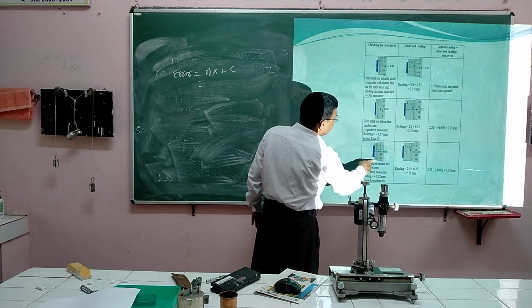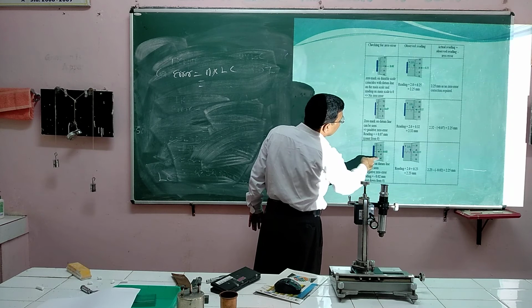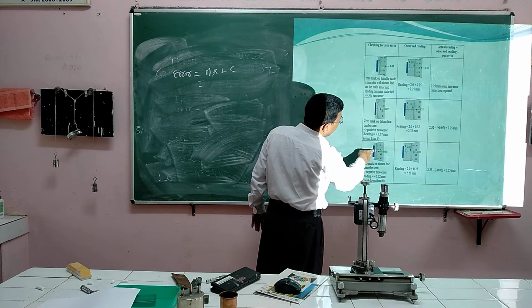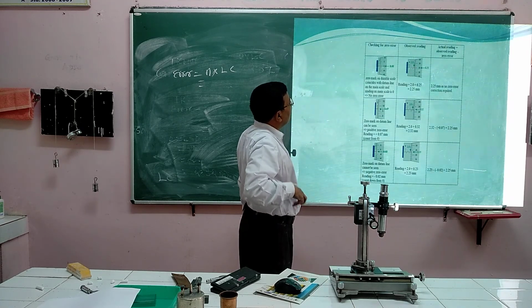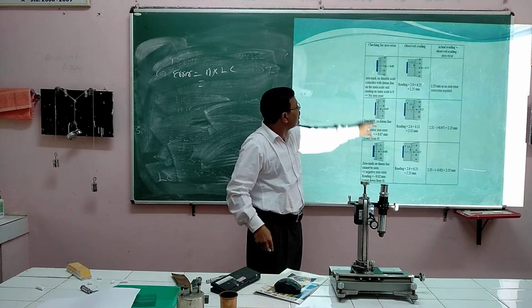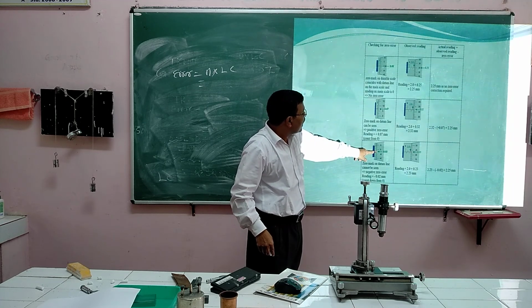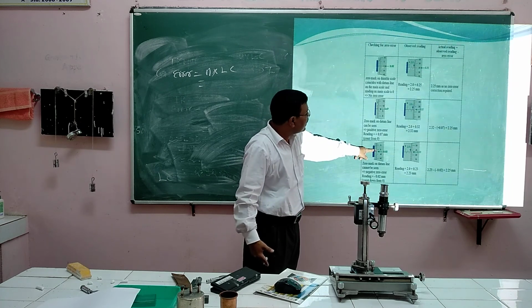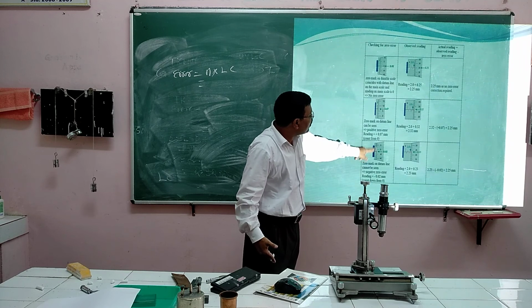Here, the zero of the circular scale lies above the reference line.